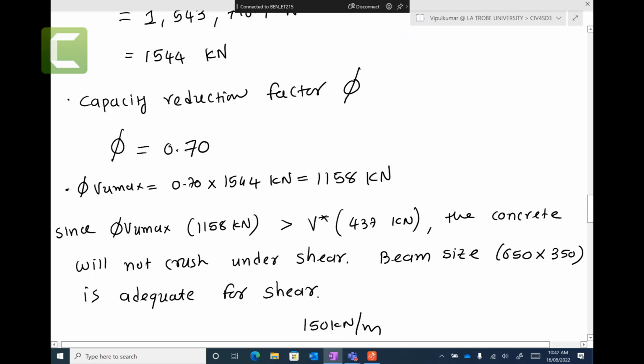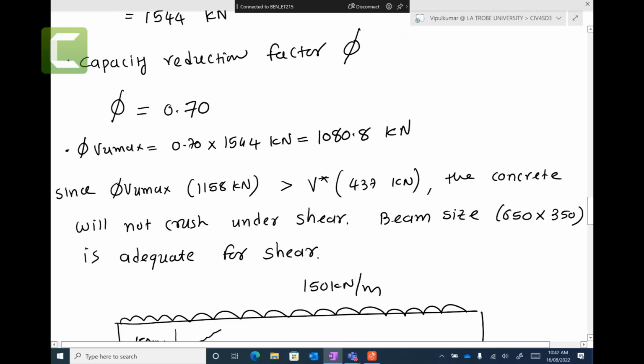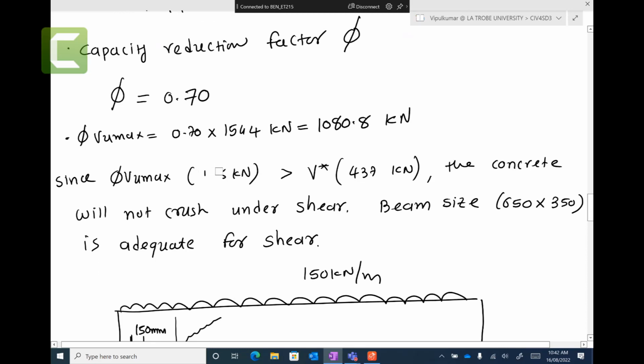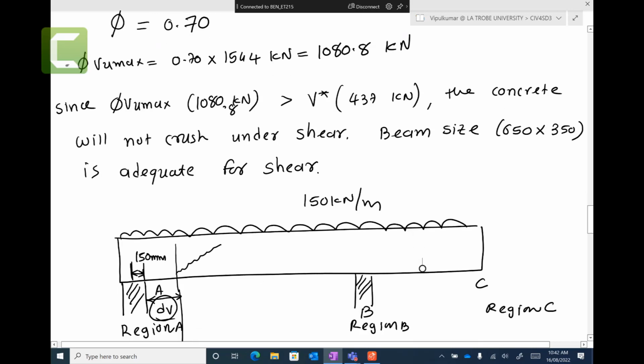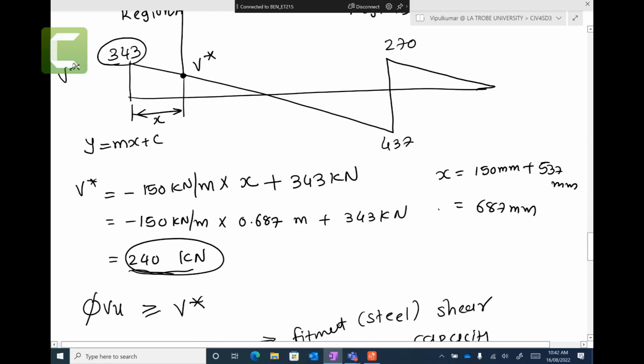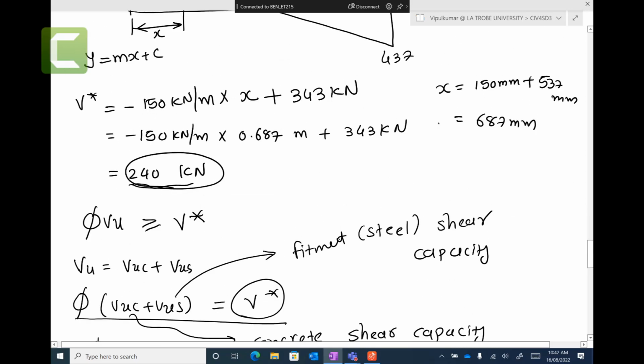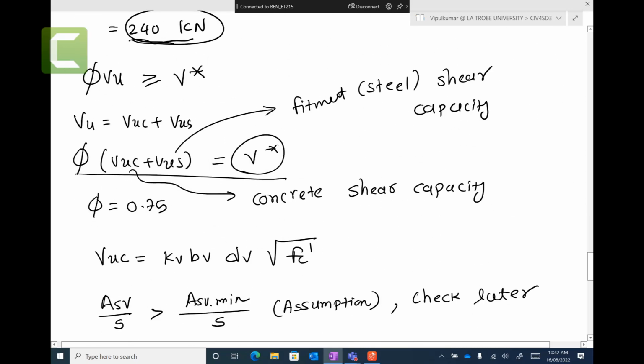We just want to live with the R fitments here because otherwise the capacity will go high, but still is within the limit, 1080.8 kilonewtons. And you have this 1080.8 kilonewtons. So that's all good. Here you go. We just make it 0.70 here.